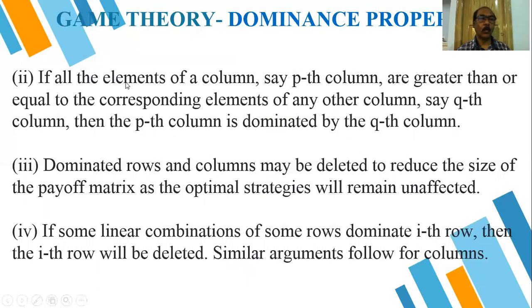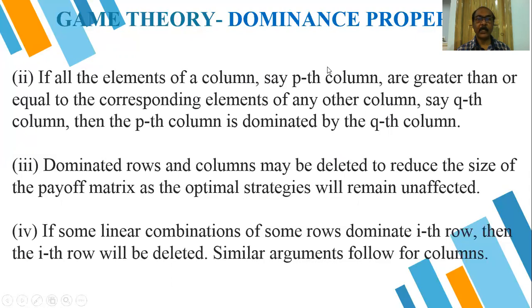If all the elements of a column, say the pth column, are greater than or equal to the corresponding elements in any other column, say the qth column, then the pth column is dominated by the qth column. This is the case for player B, the minimizing player.